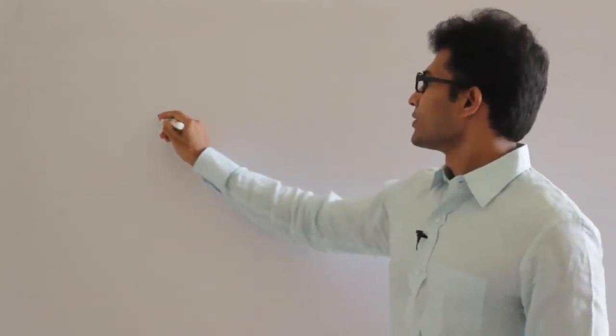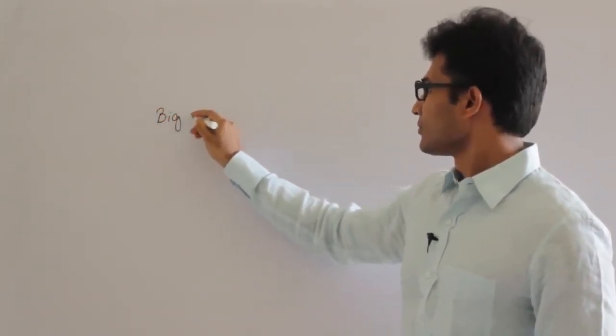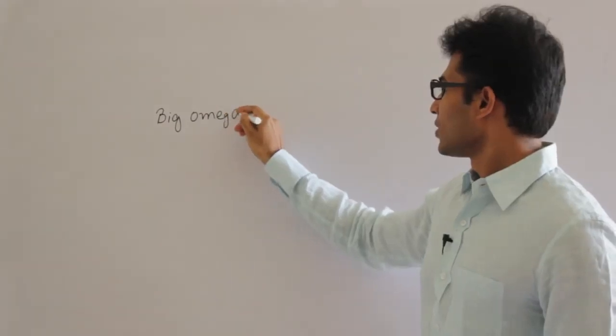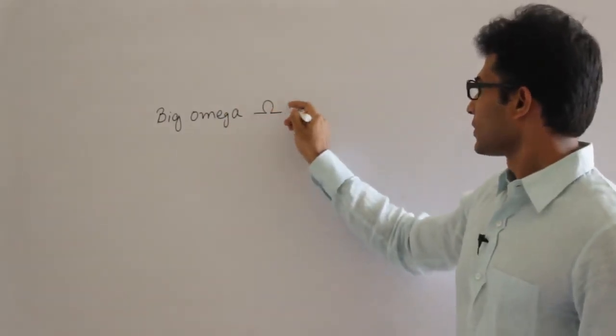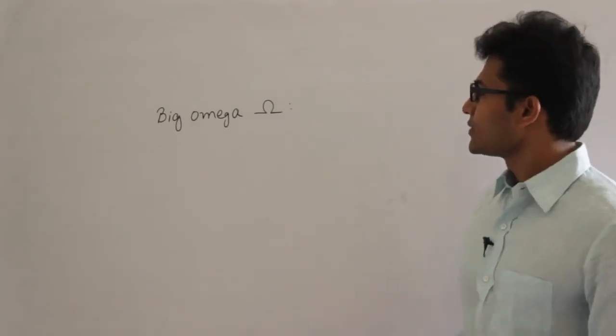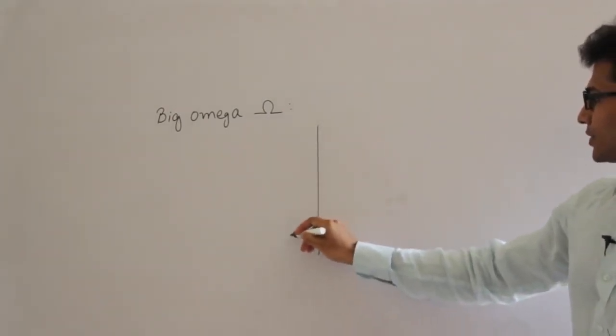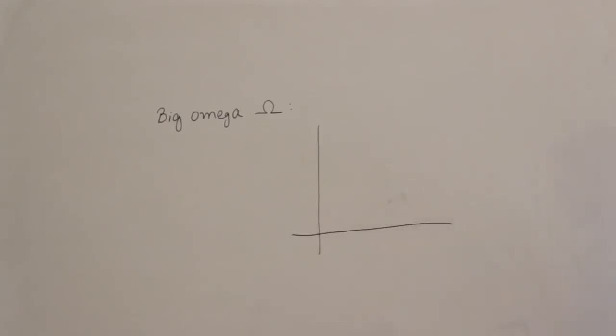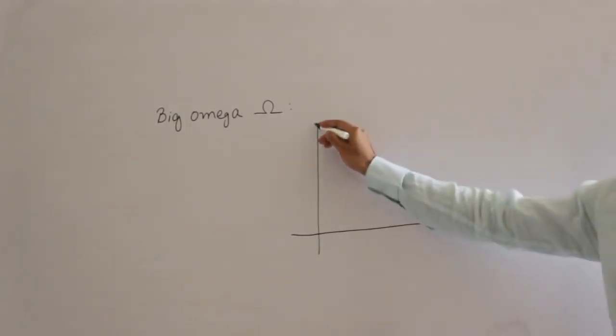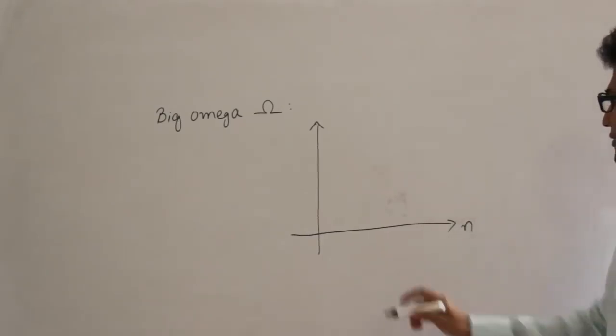Next one is big omega. We generally write it as big omega of n. Let us say the actual time complexity, or the function which is determining the time for an algorithm, is increasing like this.